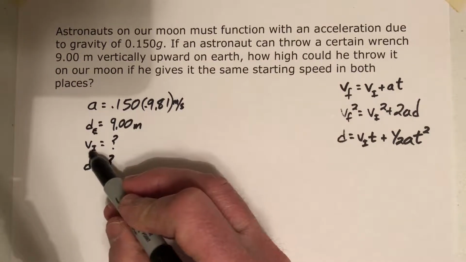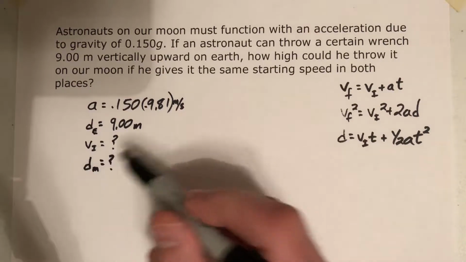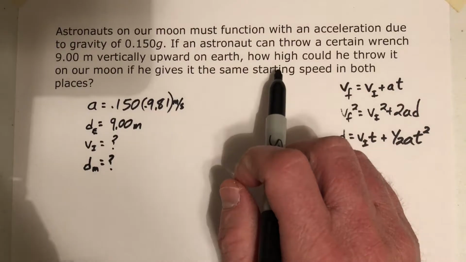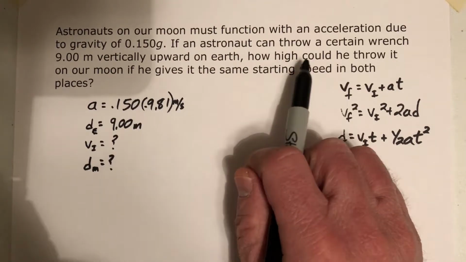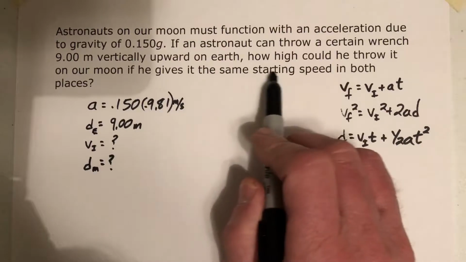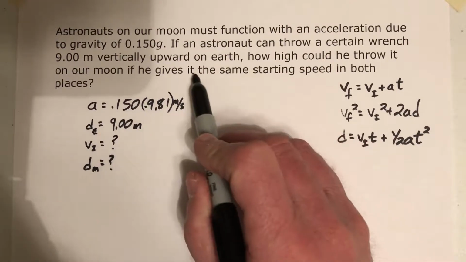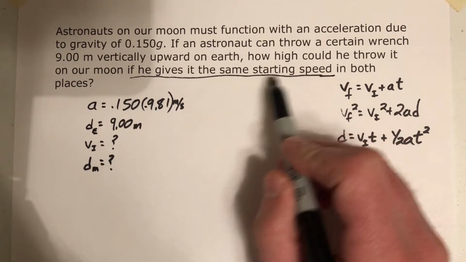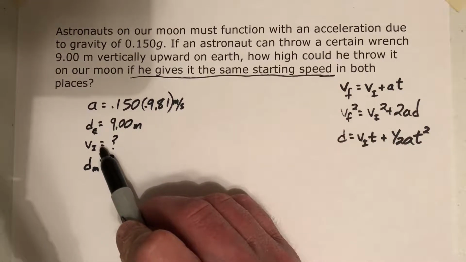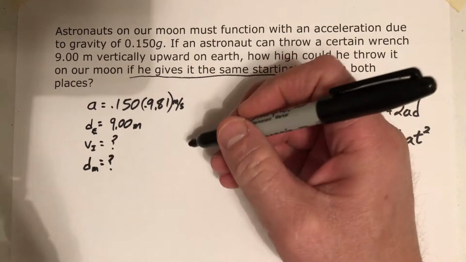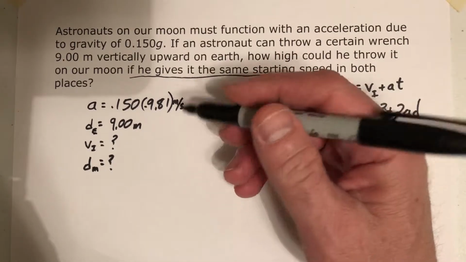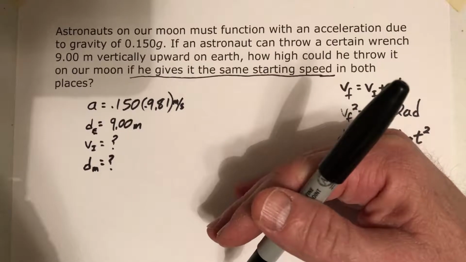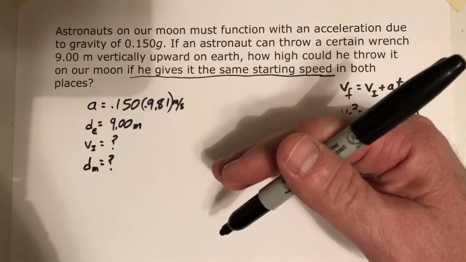Now, why did I write initial velocity? Because it says that when the astronaut throws the object on the Earth, he can throw it 9 meters, and it asks how high he can throw it if he gives it the same starting speed. So it's a huge clue that we need to find what that starting speed is. If I'm going to throw a wrench on the moon with the same initial velocity I had on the Earth, I need to find that initial velocity.